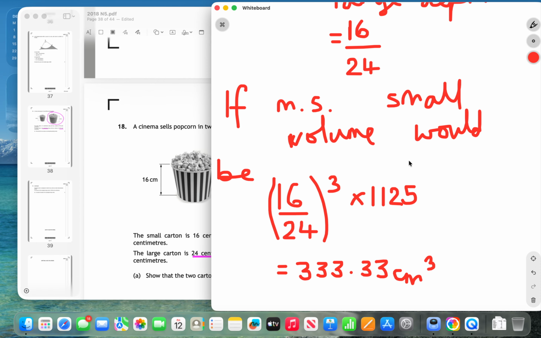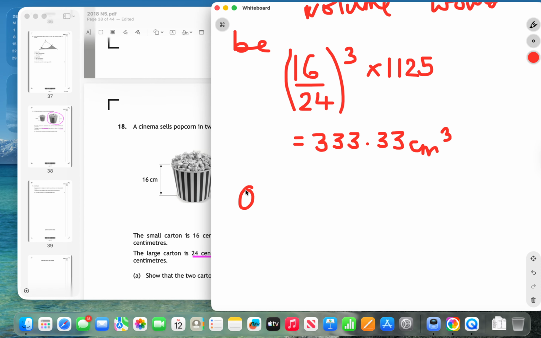But the question says, I know this question is a lot of writing, so I apologise about the long gaps, but you've got to write all of this down.